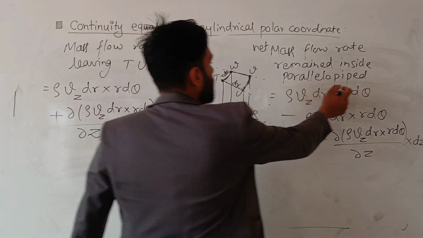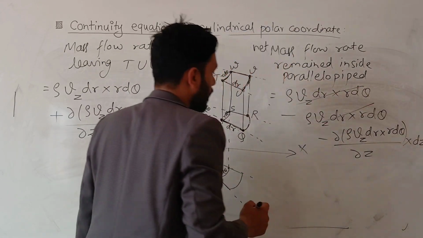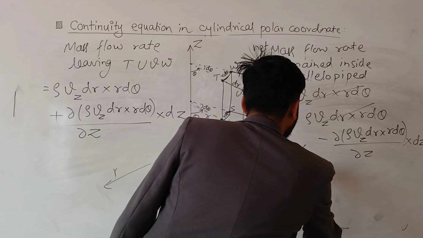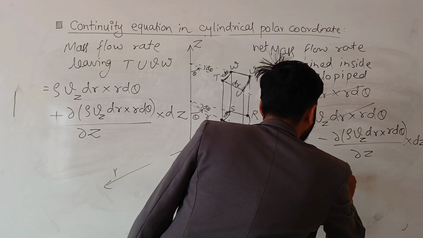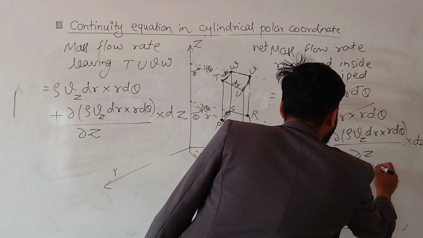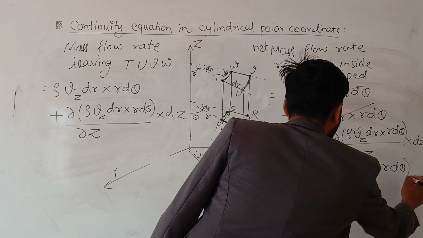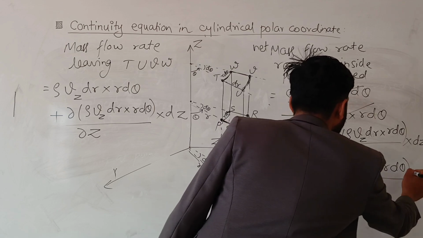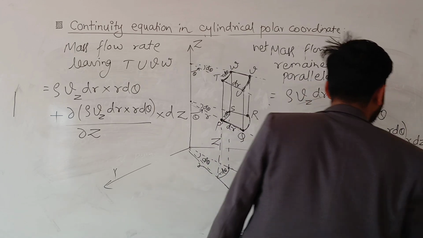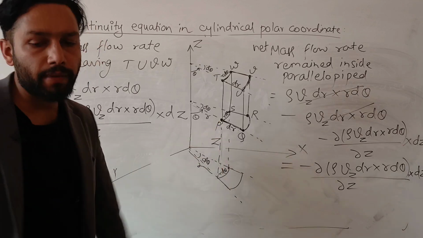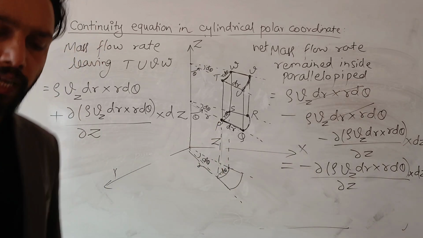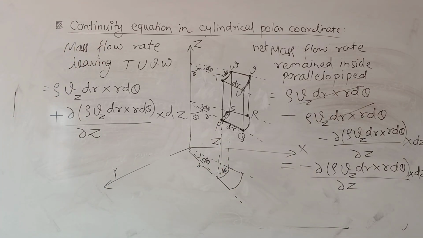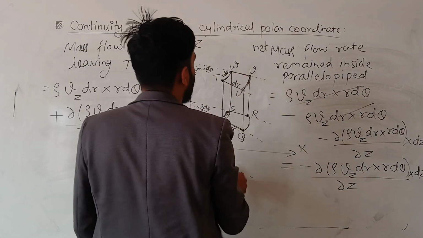So this is going to be cancelled out, and the only thing remained is minus del rho Bz dr into r d theta by del z into dz. This is the expression of net mass flow rate that has remained inside the parallelepiped, okay? So this is how you calculate the net mass flow rate remaining in this parallelepiped.